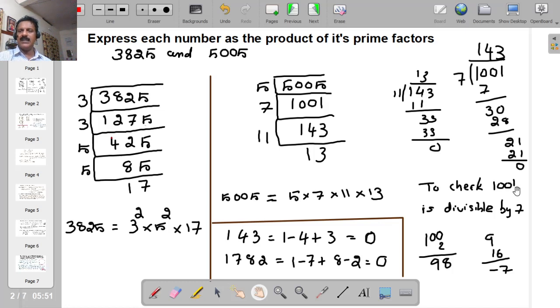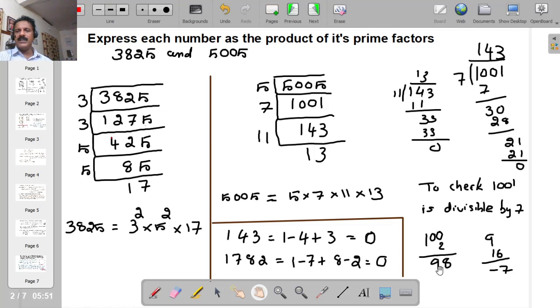When we double it, we got 2. Then we will subtract 2 from the remaining portion, which is 100. The result is 98. If 98 is divisible by 7, then 1001 will be divisible by 7.